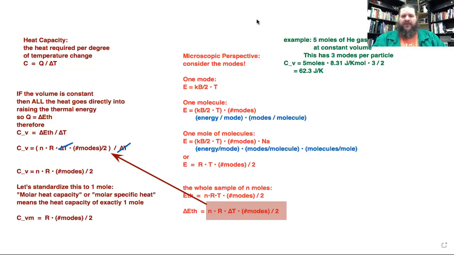One thing that's very convenient here, if we go back to this formula we just had for delta E thermal, where else have you seen nR delta T? Yeah, if we go back to the ideal gas law, pressure times volume equals number of moles times ideal gas constant times temperature.